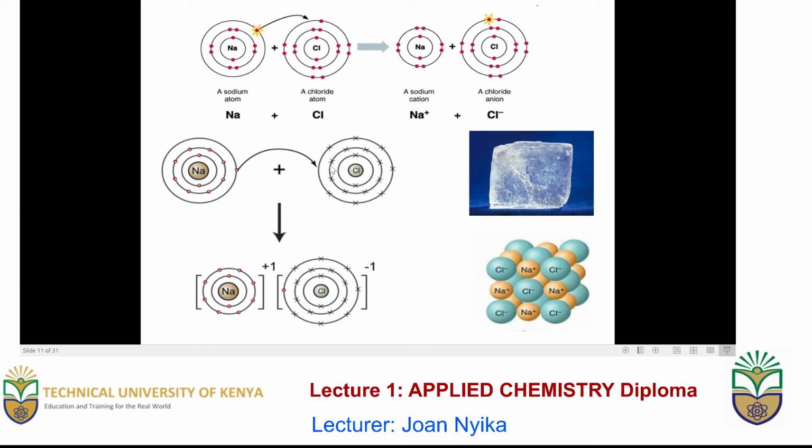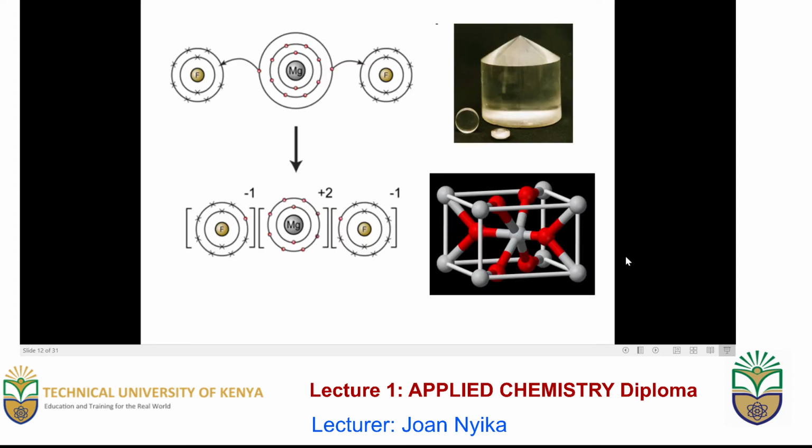Sodium will transfer 1 of its electrons to chlorine so that it becomes a sodium cation, while chlorine becomes a chloride anion. And the result is what we are calling a salt or a crystal, sodium chloride.